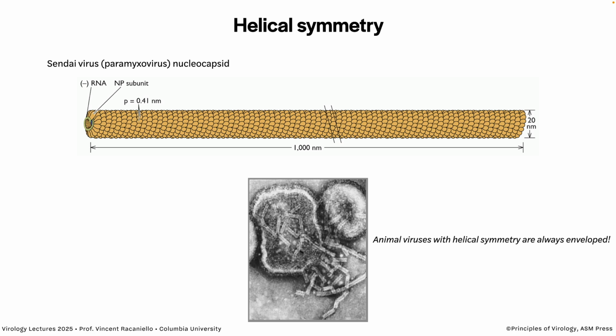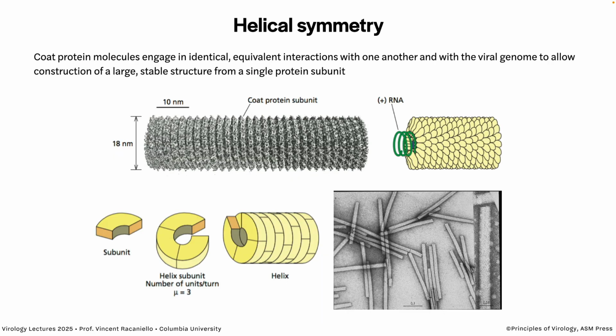And actually, this one is broken. You can see the helical nucleocapsid spilling out of the particle. By the way, this is a perfect example of a nucleocapsid. So the tobacco mosaic virus is not a nucleocapsid. There's no substructure. It's simply the RNA bound to a coat protein. So we would call it a capsid.